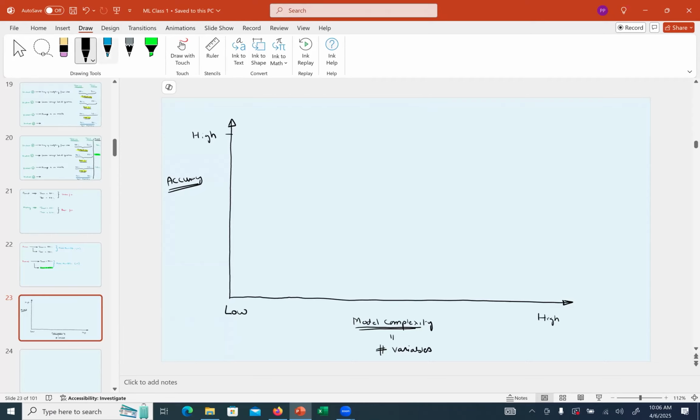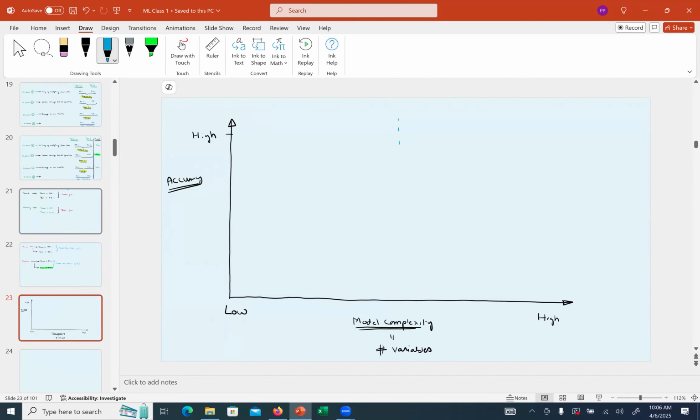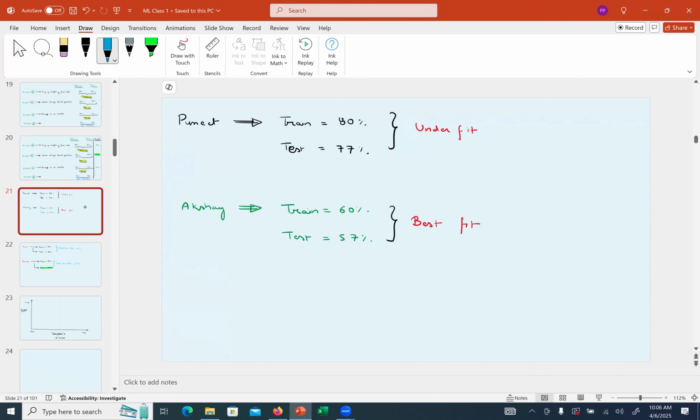Now, whenever we start adding more variables, will my accuracy increase or decrease? Accuracy decreases, inversely proportional. More variables, more reduction in accuracy.